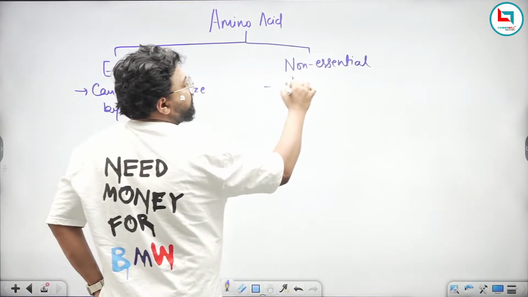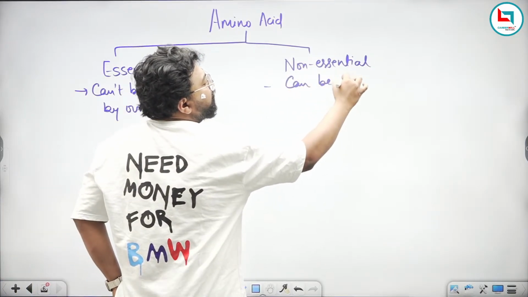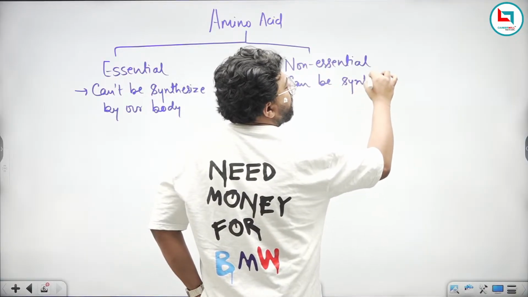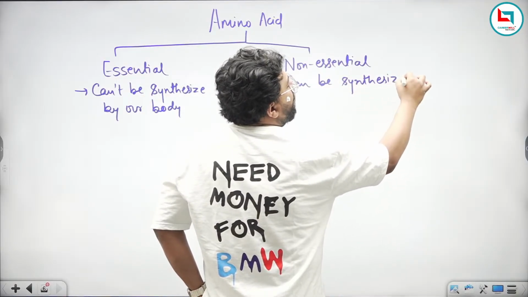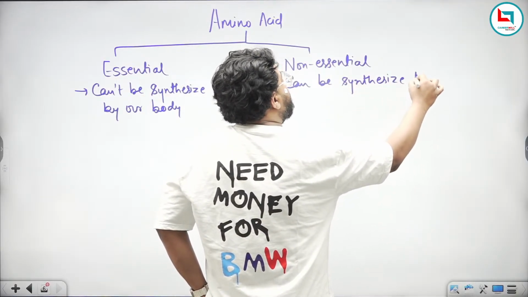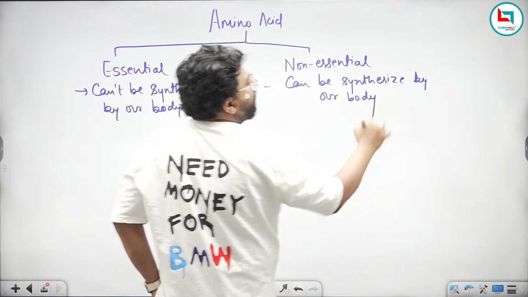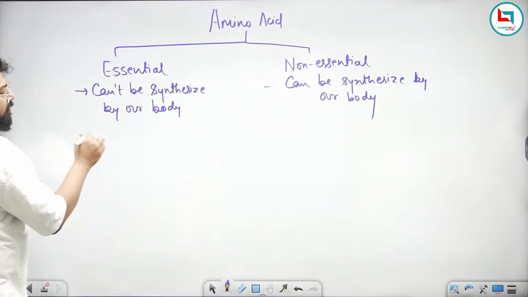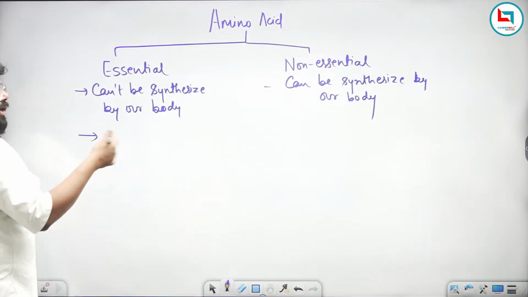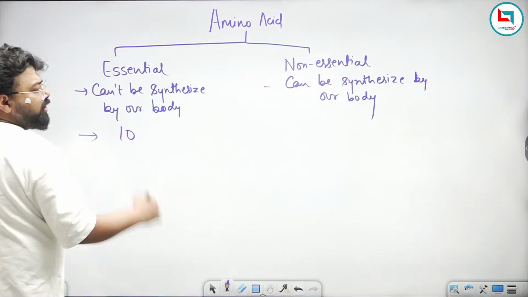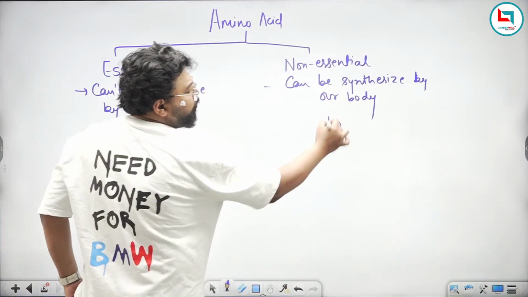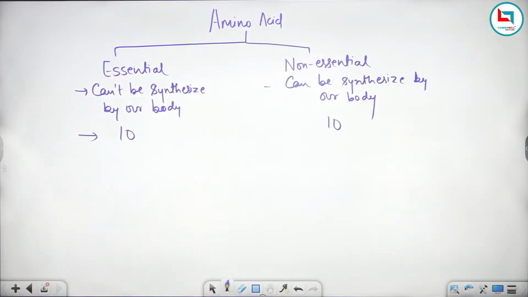So the number of essential amino acids in Lucent and in other books is mentioned as 10. But in reality, it is not like that.